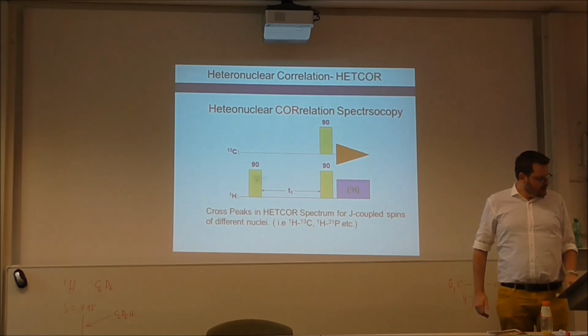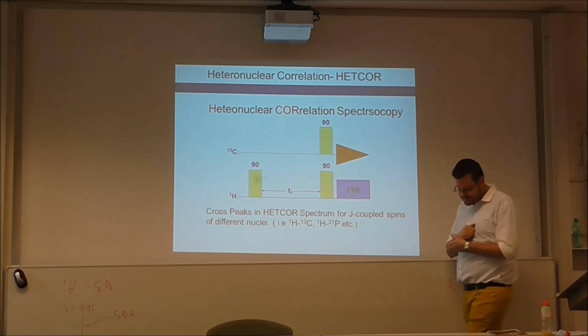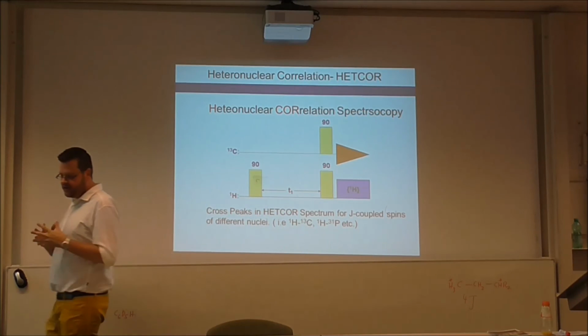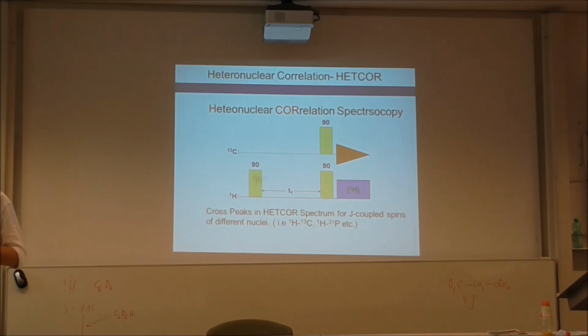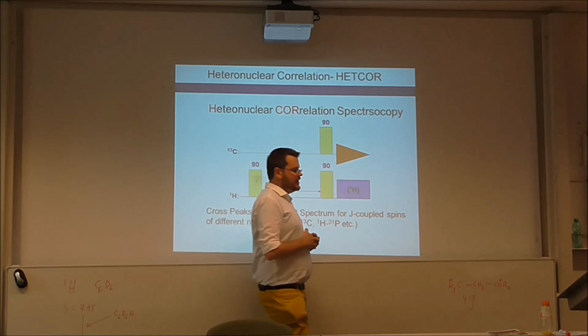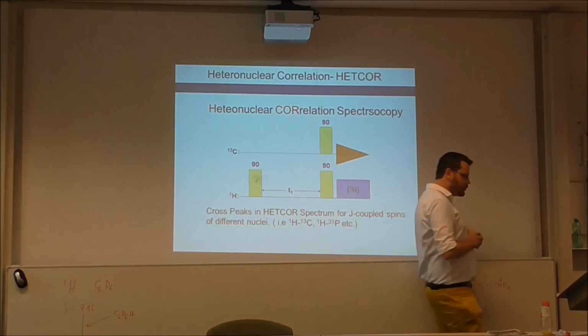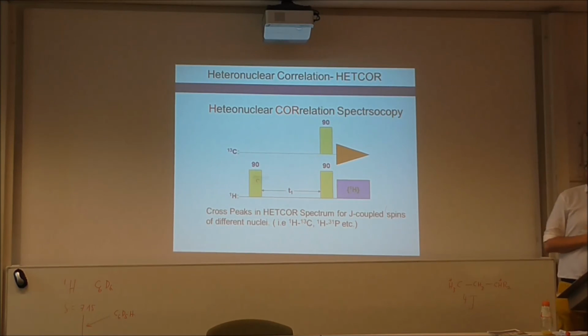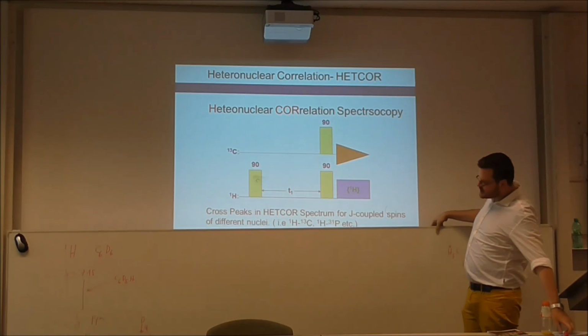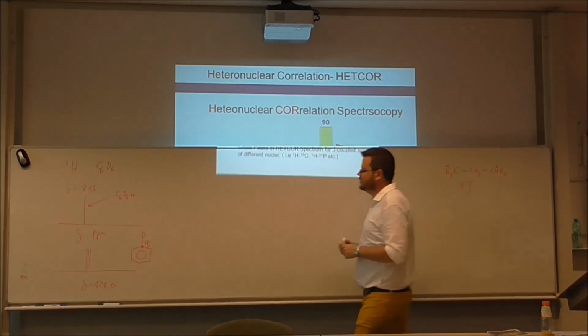Now, we've looked at homonuclear experiments, particularly NOESY, ROESY, and HH COSY. What I now want to talk about is heteronuclear correlation, which is even more powerful, because now we're looking at correlation between an H and an X nucleus.